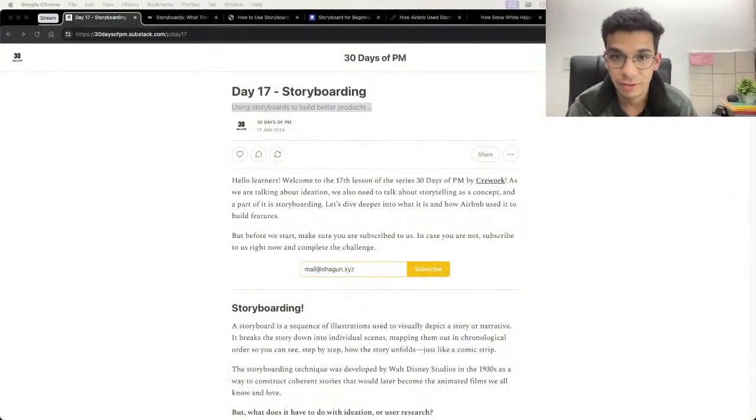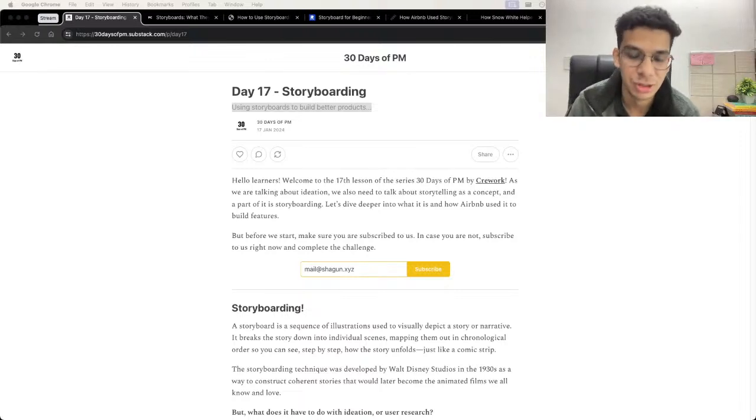So the topic for today is storyboarding, and how you can leverage the concept of storyboarding to build better products. Here, we will look at examples and references of how product management actually utilizes storyboarding. It comes up a lot of the time when you're doing product design, design thinking, and having sessions with your end customers to get insights into what their typical journey is.